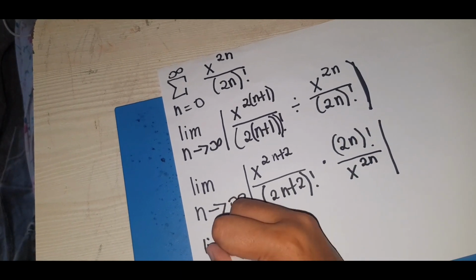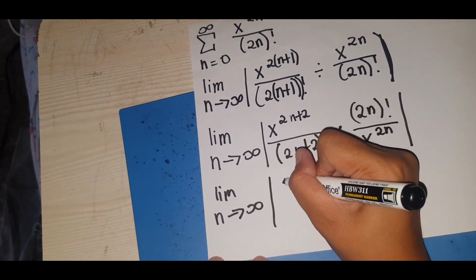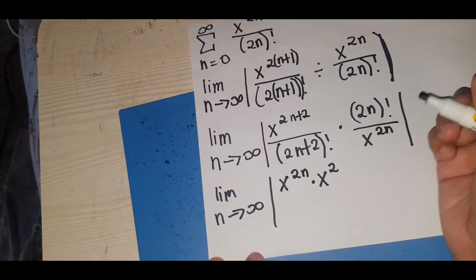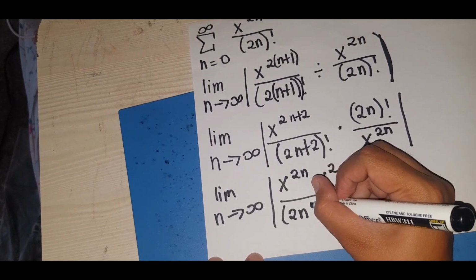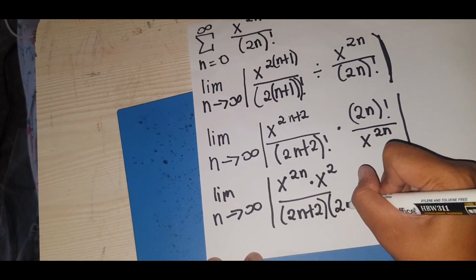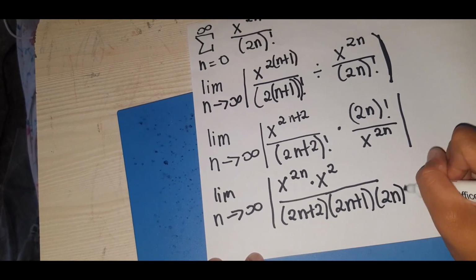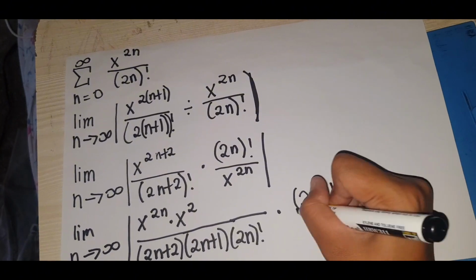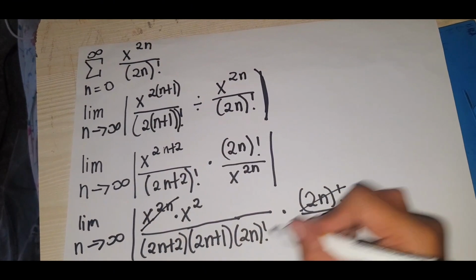Next we simplify, x raised to 2n times x raised to 2, then 2n plus 2, 2n plus 1, and 2n factorial. Then we cancel all the same values.